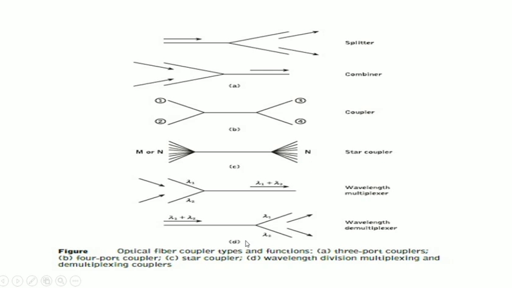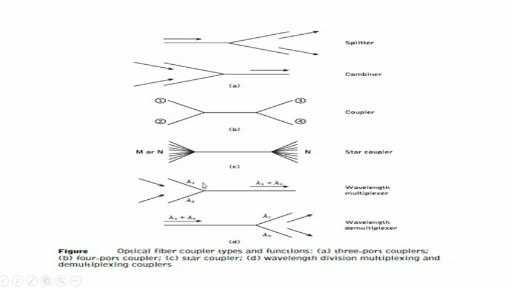Figure D represents wavelength division multiplexing and demultiplexing. WDM, wavelength division multiplexing, is designed to permit a number of different peak wavelength optical signals. Lambda 1 represents wavelength optical signal 1, lambda 2 represents wavelength optical signal 2.